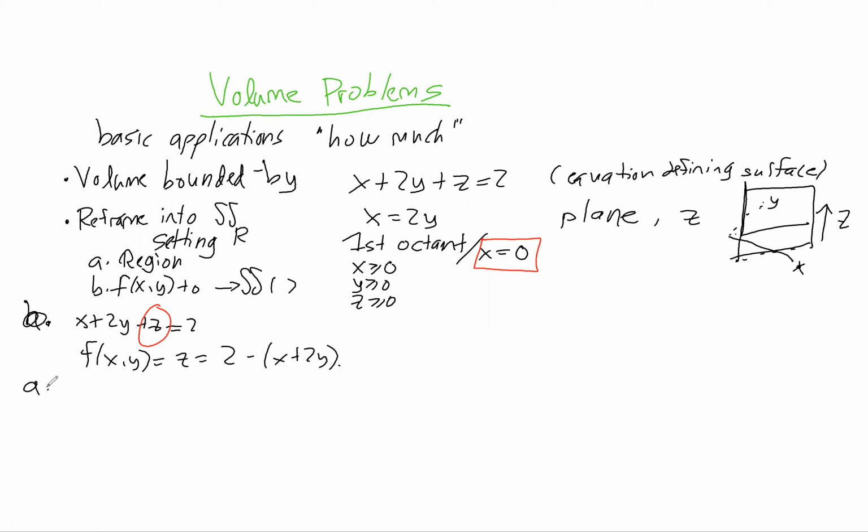So the real question is, how do you find the region? Oh, and by the way, this was the only thing it could have been, right? Because if I tried to use x equals 2y to find my z, this doesn't work, because if we go over here, we see it's multi-valued.